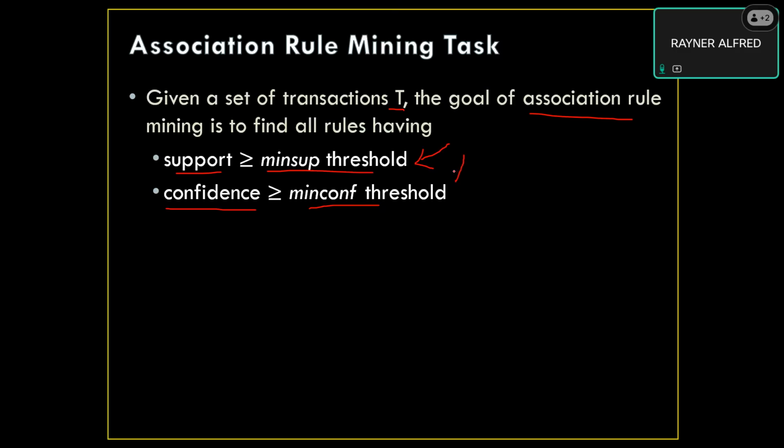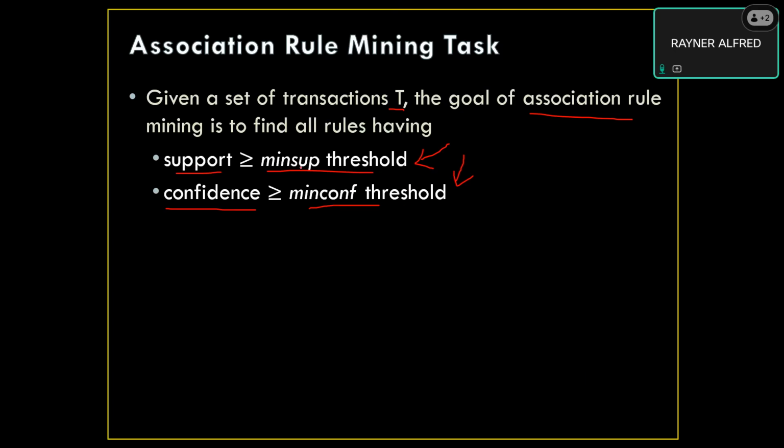These two are defined by the user. When you increase the threshold, the number of rules will be reduced, so you're only looking at the high support and high confidence rules.